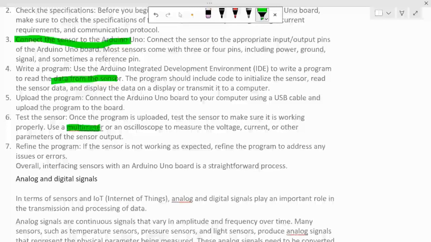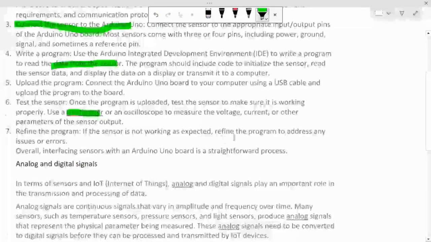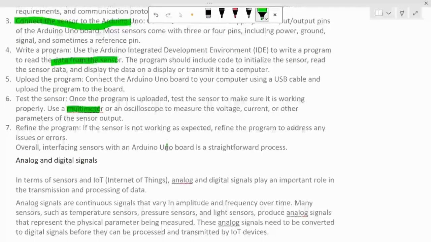I will teach you some other tricks and ways to test your circuit. After that, refine your program. If the sensor is not working as expected, refine the program to address any issue or error.